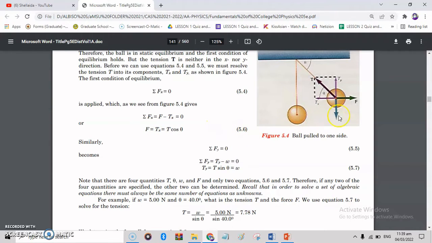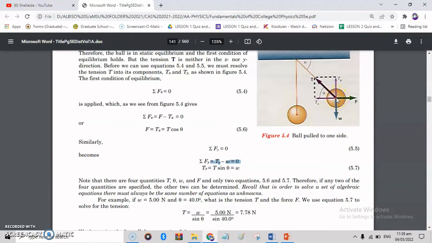For the y-axis, there are also 2: Ty and the W. So this is Ty minus W equals 0. What is our Ty? Since the angle is not adjacent to Ty, we use sin theta.